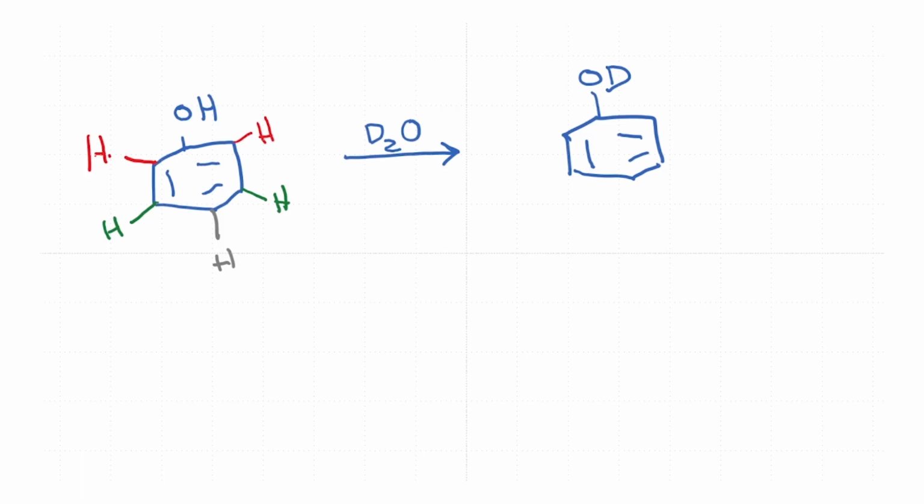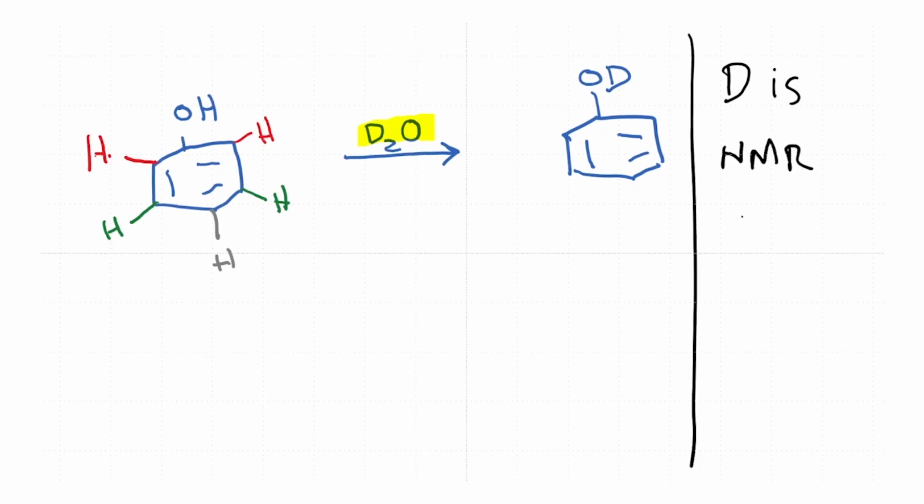Okay. So what we do is we take basically phenol, whose structure is shown here. It's benzene with a hydroxyl group, and we dissolve it in D2O. D2O is basically deuterated water, and the concept that we need to understand, which I will now discuss, is that deuterium is NMR silent.